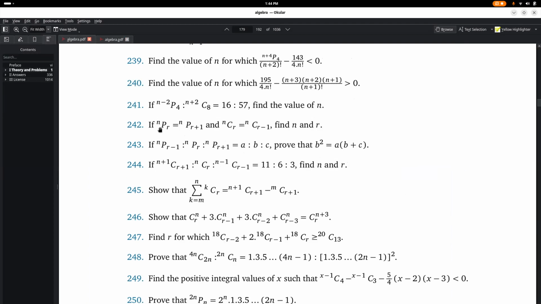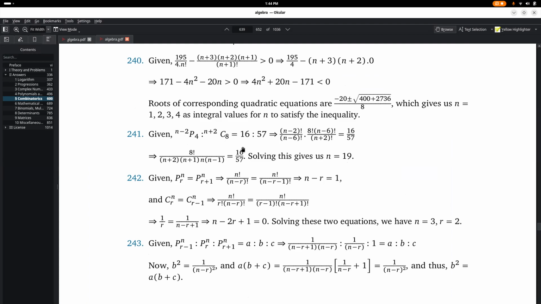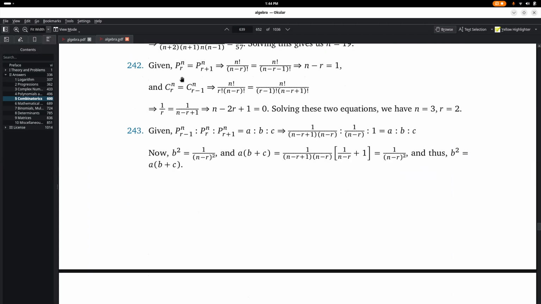Question 242 says that if nPr is equal to nP(r+1) and nCr is equal to nC(r−1), find n and r. So we are given nPr equal to nP(r+1), that is n!/(n−r)! is equal to n!/(n−r−1)!, that is n−r is equal to 1.